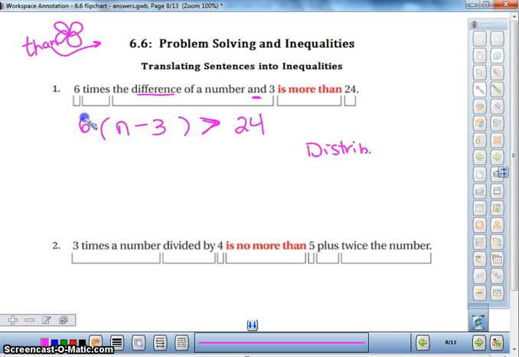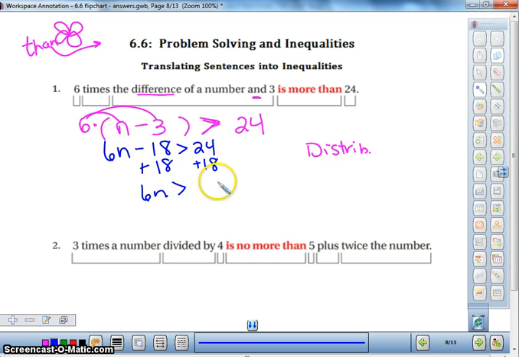If we use our distributive property, multiplying by 6, we should have 6n minus 18 is greater than 24. We are going to solve by adding 18 to both sides. 6n is greater than, and in this case we should have 42.